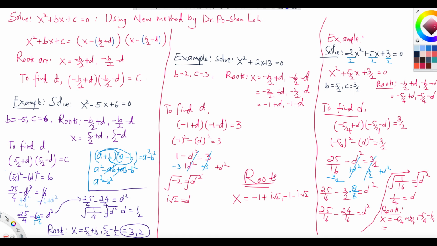Negative 5/4 plus 1/4 is, you write 4 there, negative 5 plus 1 is negative 4, comma, again write 4, negative 5 minus 1 is negative 6. What is negative 4 over 4? It is negative 1. And if you divide top and bottom by 2, you will get negative 3/2. So these are the solutions for that equation. So x equals negative 1 and negative 3/2.